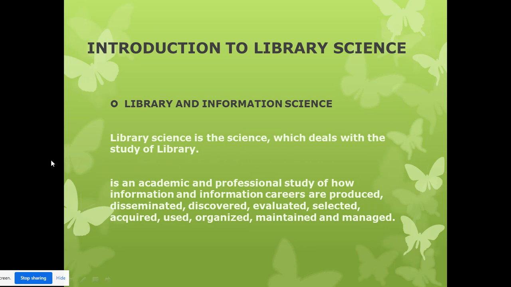If you want to tell them technically, you will say that library science is an academic and professional study of how information and information carriers are produced, disseminated, discovered, evaluated, selected, acquired, used, organized, maintained, and managed.